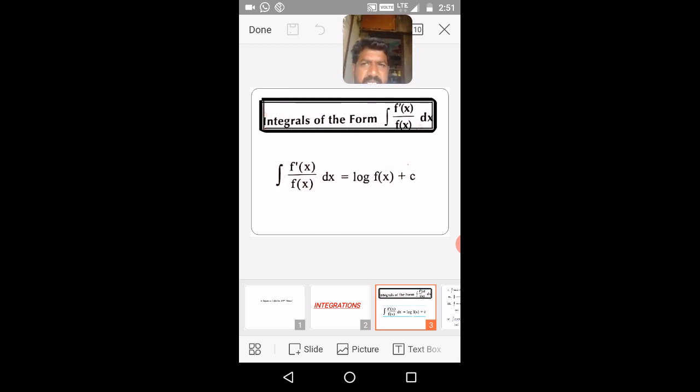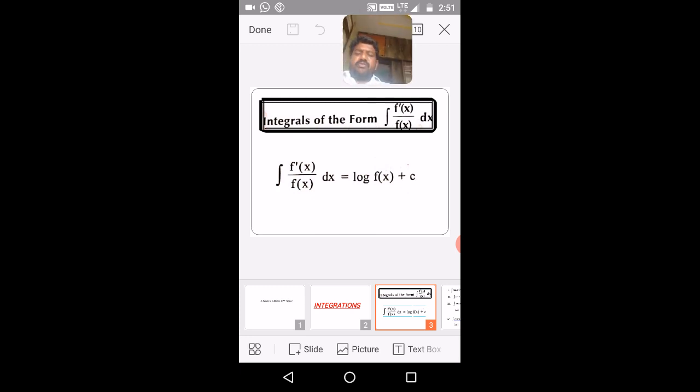So if the integrand is in the form of integral of f dash x by f of x dx, it is directly log f of x plus c. That is, in the numerator we find the derivative of the denominator. That's all. This is one of the standard forms in this integrals chapter.